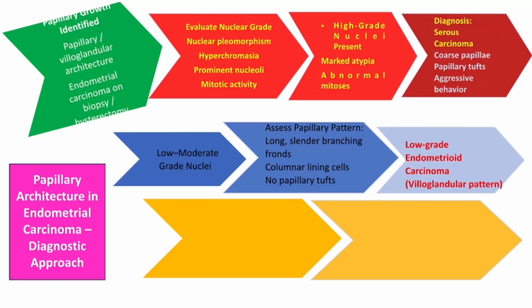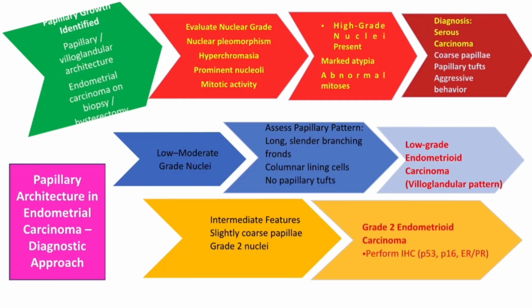So ultimately we have to focus on nuclear features and papillary architecture with its fibrovascular core. In between, if there are intermediate features like slightly coarse papillae but grade 2 nuclei, then we give it a grade 2 endometrioid carcinoma, but we have to perform IHC to see whether they are p53 or p16 positive and ER/PR responsive or not.